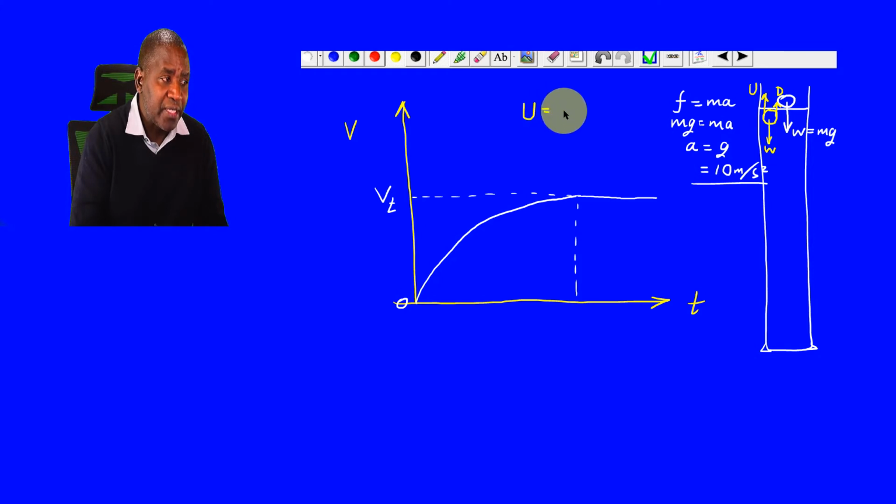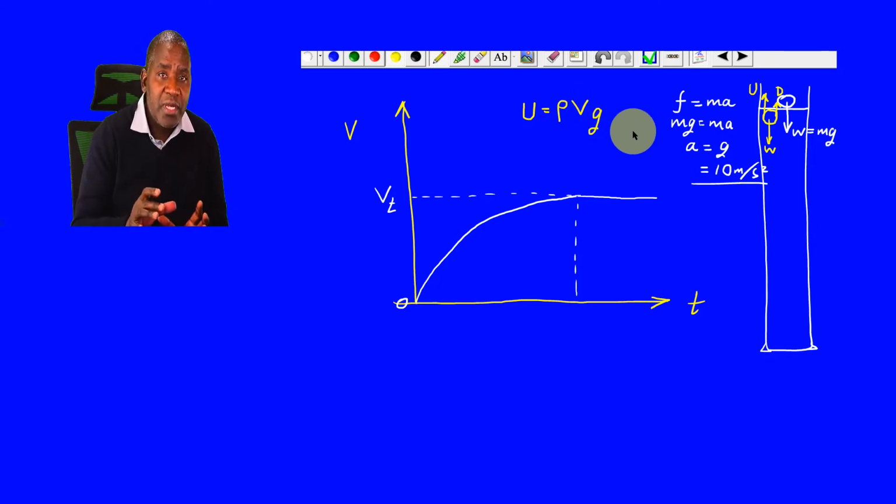U depends on the density of the liquid through which the object has been immersed, the volume of the liquid displaced, which is equal to the volume of the sphere, which again is constant, and the value of the gravitational field strength, which is constant. Looking at those factors, we can see that the upthrust acting on that object is uniform, has got a constant value. Let's look at viscous drag.